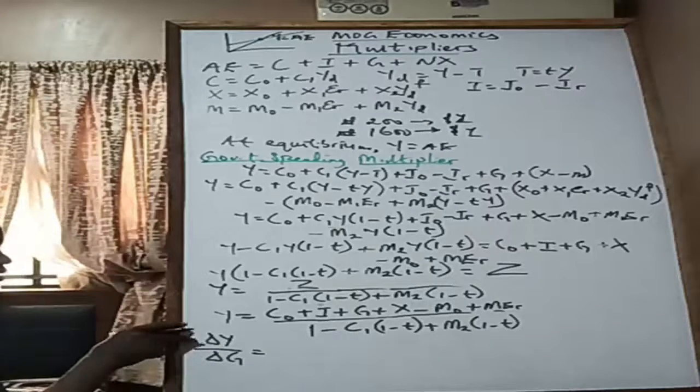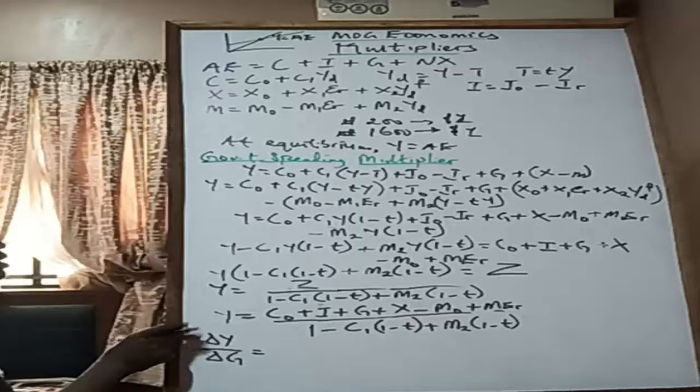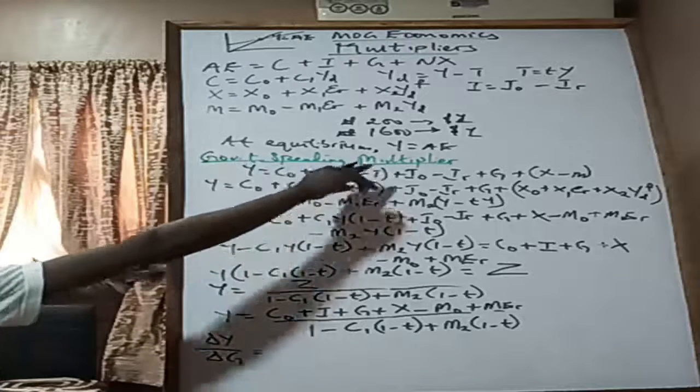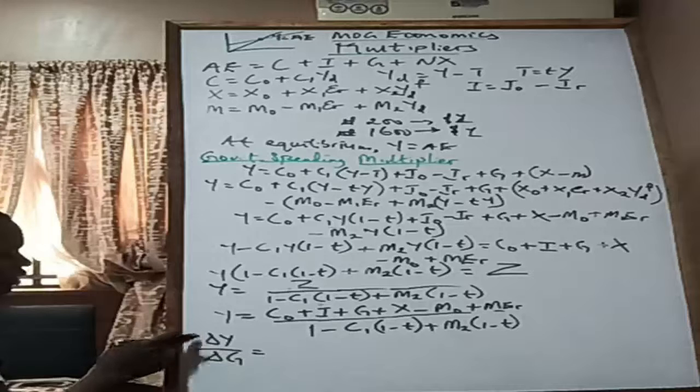This is an equilibrium national income now because from the beginning you had y equals AE.